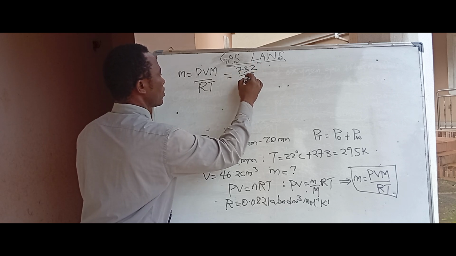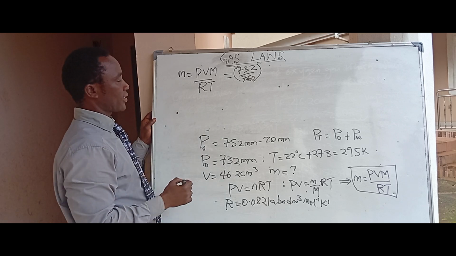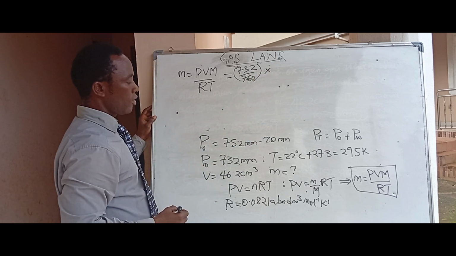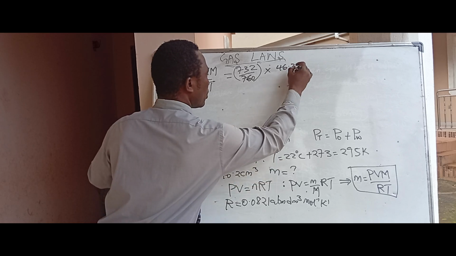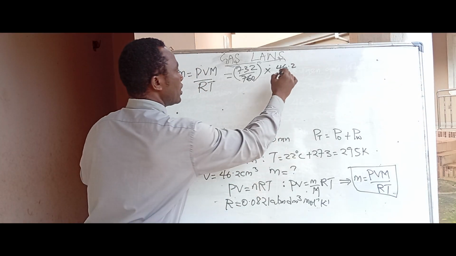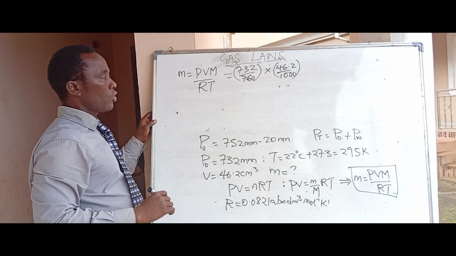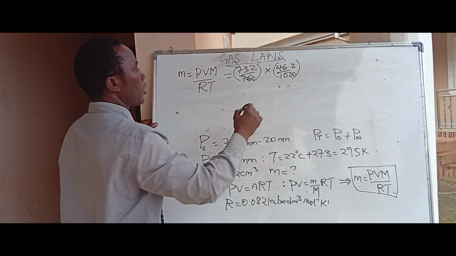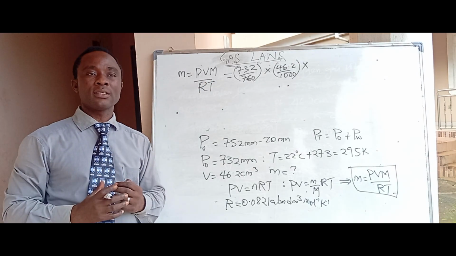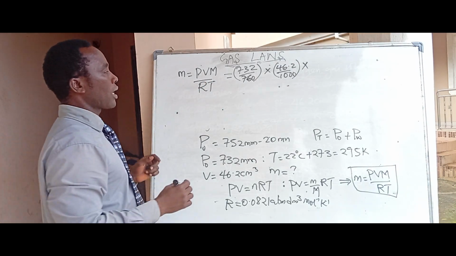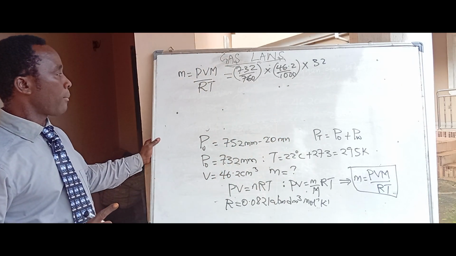So our mass will become pressure, which is 732 over 760, that is to convert. Multiply by volume, 46.2 in centimeter cube, divided by 1000 so that it can be converted to dm cube. Then multiply by the molar mass. Remember the gas we are treating is oxygen gas, and the molar mass of oxygen is 32 gram per mole.